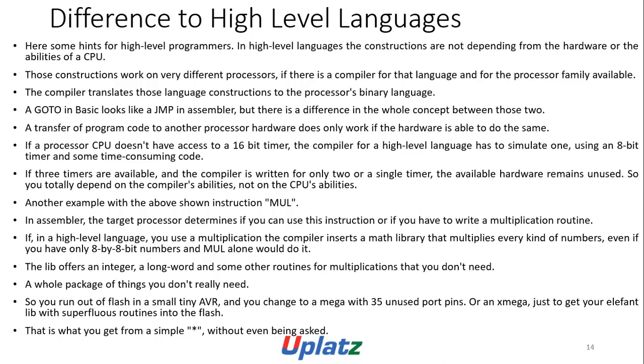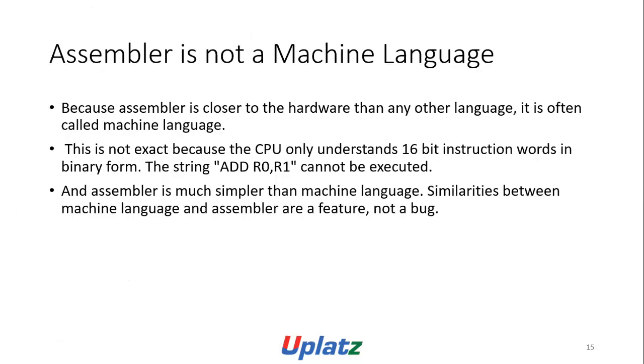The library offers integer, long word, and other multiplication routines that you don't need. So you run out of flash in a small tiny AVR and change to a mega with 35 unused port pins, or an XMEGA, just to get your elephant library with superfluous routines into the flash. That is what you get from a simple star without even being asked.